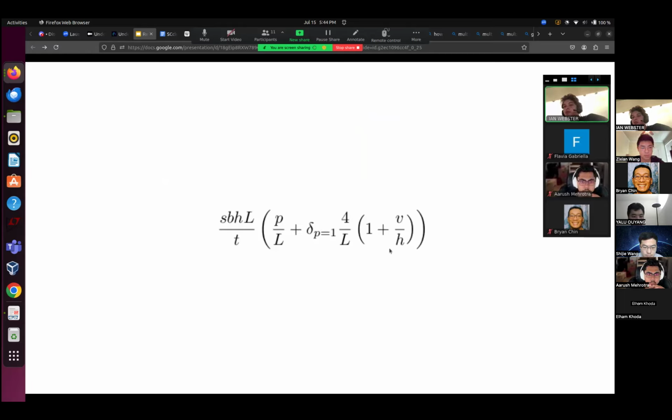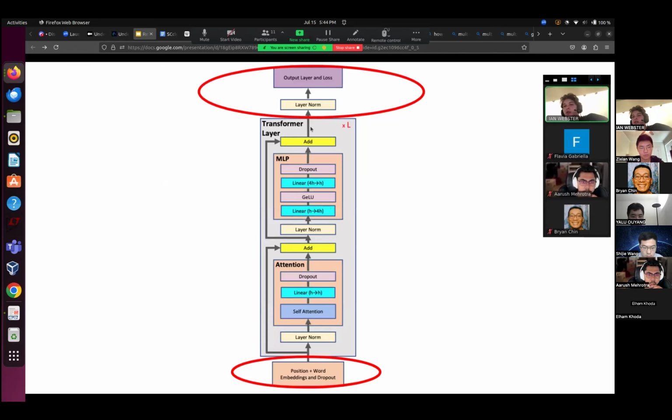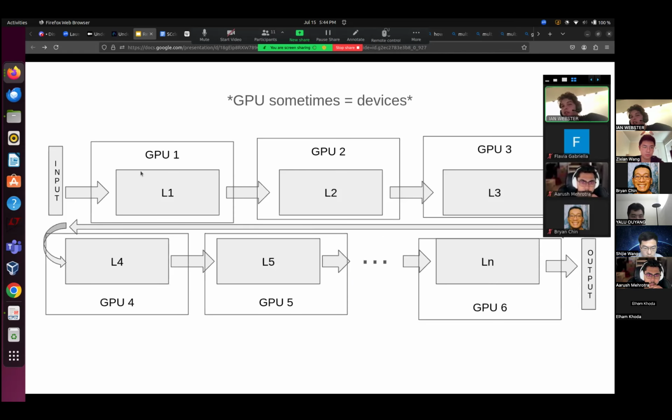That's because this term represents the activations associated with all the output stuff, and because we're only looking at the first stage, it does not need to worry about the output stuff unless there's only a single layer.